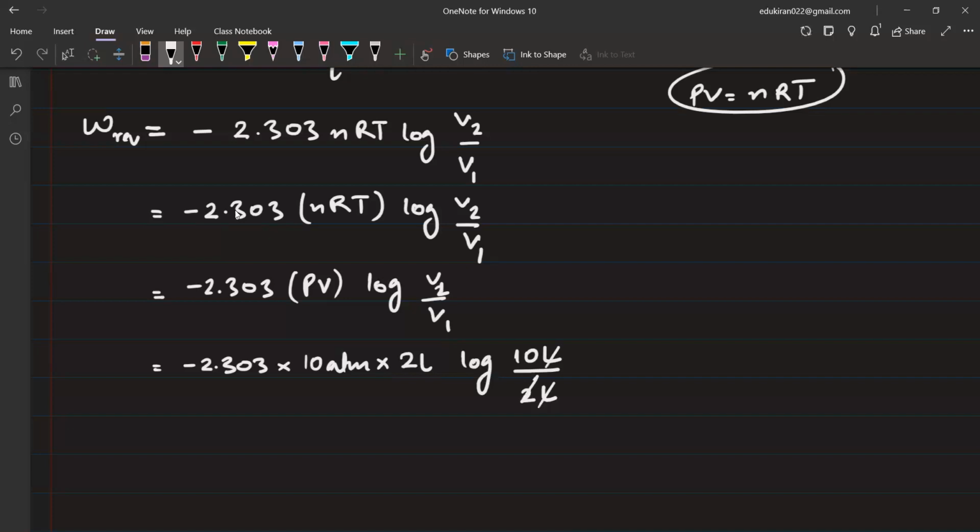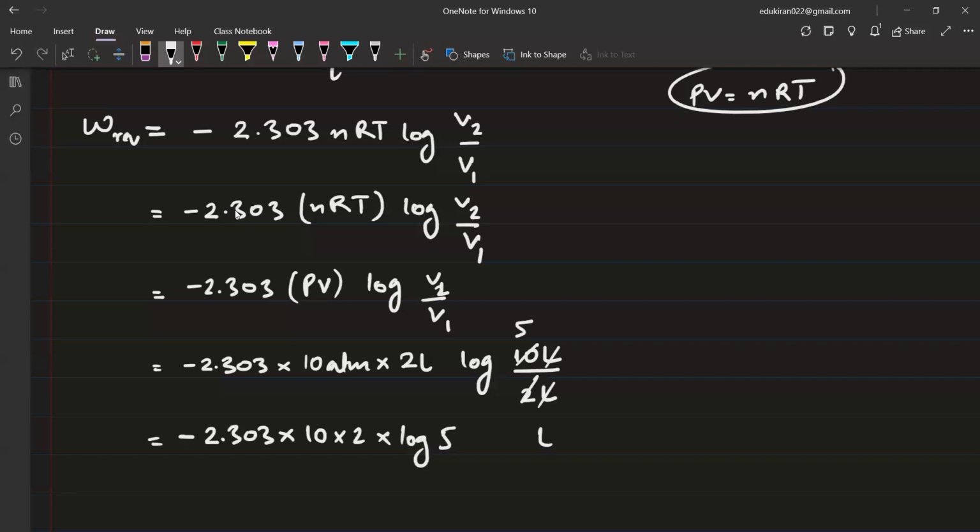So liter cancels and 2 into 5 is 10. Now we get minus 2.303 multiplied by 10 into 2 into log 5.